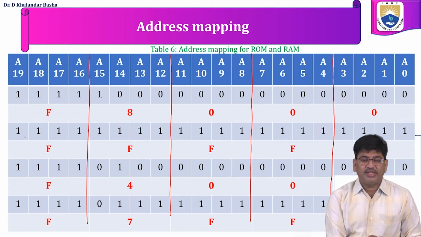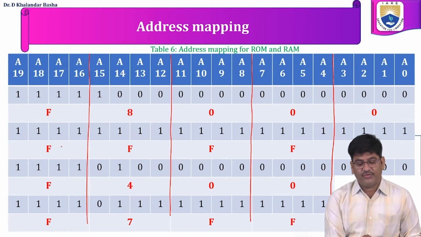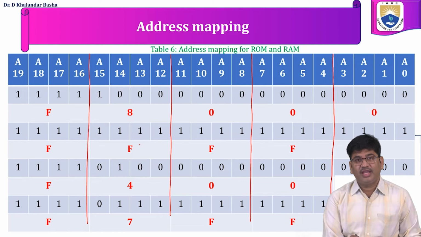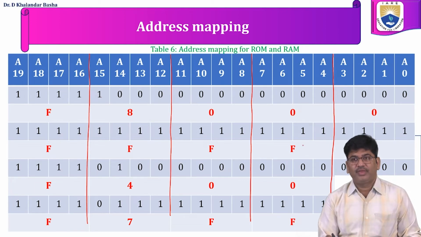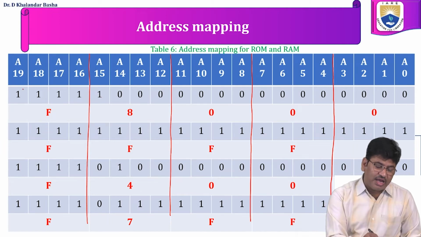The maximum address is 1111 F, 1111 F, 1111 F, 1111 F, 1111 F. So this is the address space which we are assigning for the ROM blocks.